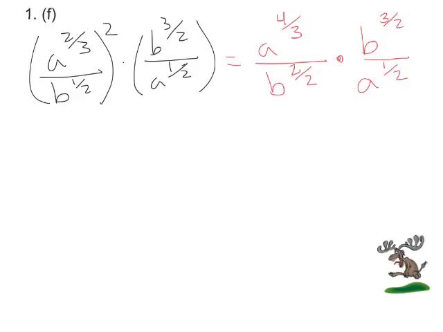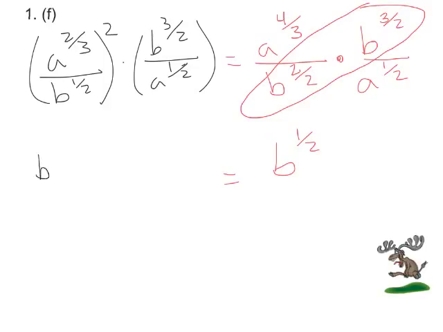Okay, from here what we want to do is start to combine terms, and we'll start with the b terms because those are the easy terms. We have 3/2 on top and 2/2 on bottom, so we can subtract out 2/2 and we're left with b to the 1/2 on top. And the property that I was applying there is if we have b to the m over b to the n, we can go b to the m minus n.